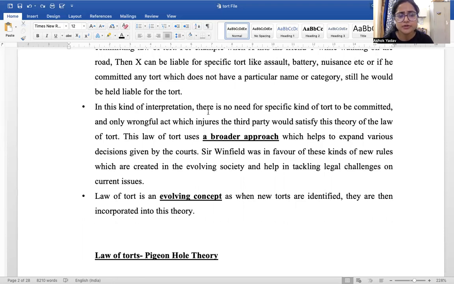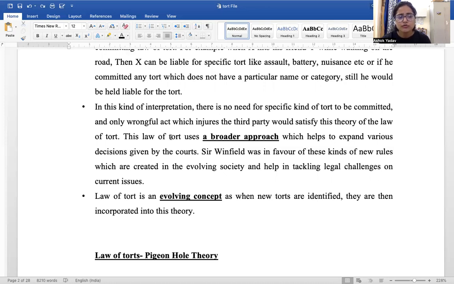In this kind of interpretation, there is no need for a specific kind of tort to be committed. Only a wrongful act which injures a third party would satisfy this theory of law.